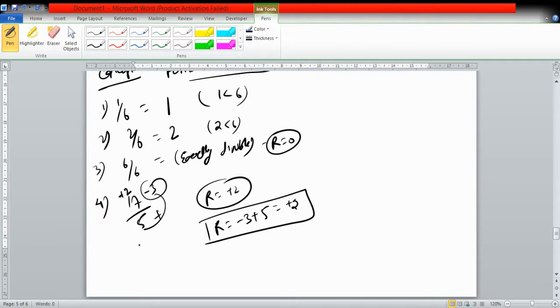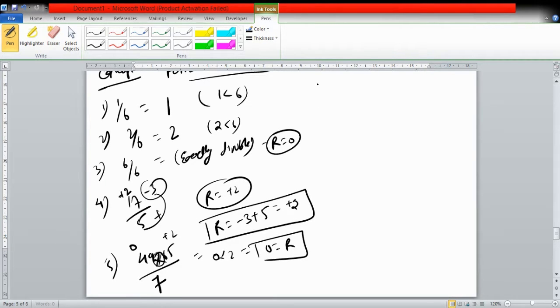Similarly, take the example 49 into 65 divided by 7. 49 divided by 7 gives remainder 0, and 65 divided by 7 gives plus 2. In between the operator is a multiplication sign, so 0 into 2 is 0. The remainder will be 0 itself.